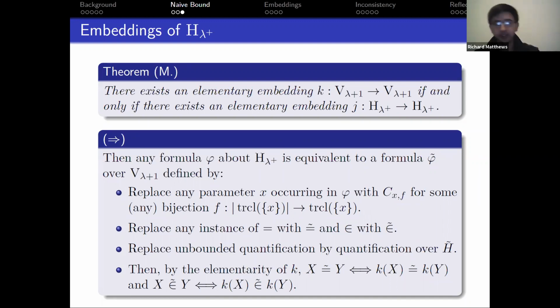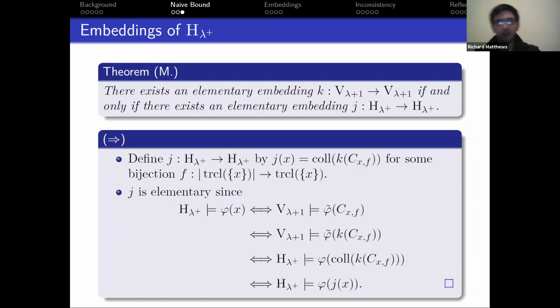I'll then replace instances of equality by equals-tilde and elementhood by element-tilde, and unbounded quantification is now taken over H̃. Because all of this was done in a clearly definable manner, it respects the elementarity of my embedding K. So you can prove that if x equals y, then K(x) equals-tilde K(y), and similarly for element.